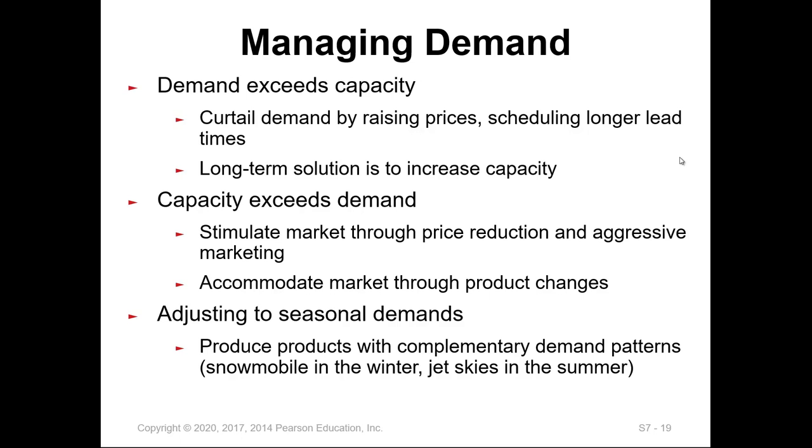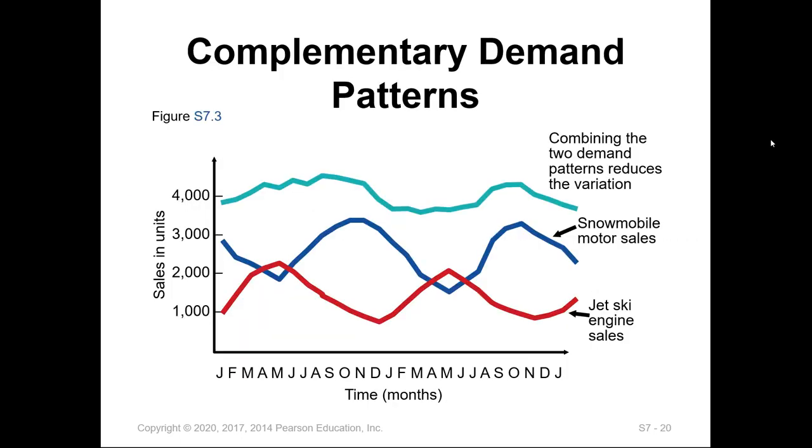If the demand is seasonal, we can use modules to produce a product that will fit with little adjustment into the different seasons. For example, a snowmobile in the winter and a jet ski in the summer: most of the components are the same, except for a few adjustments made between the two products to fit the different seasons.